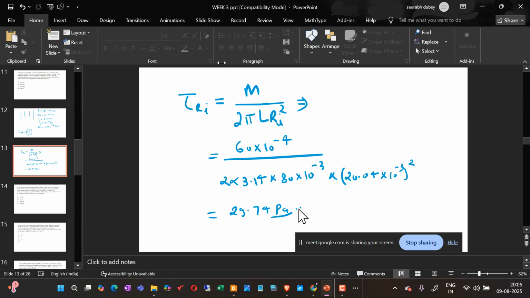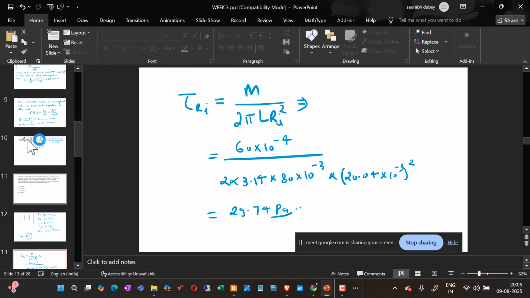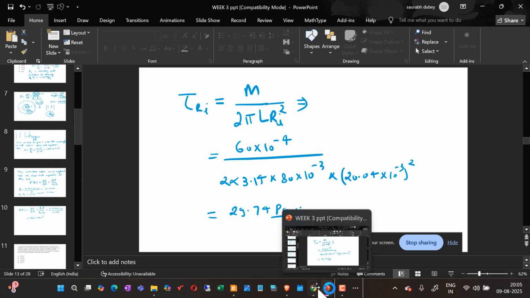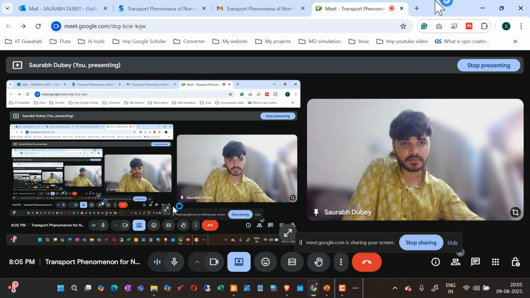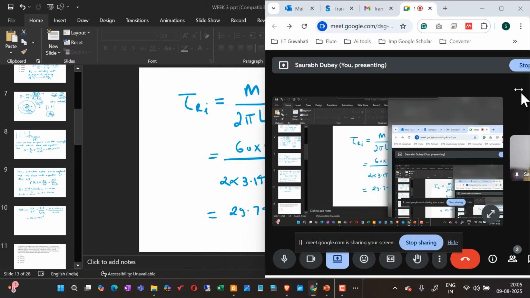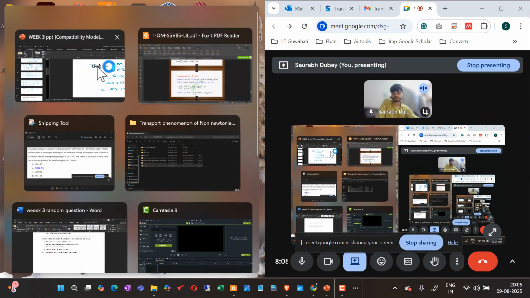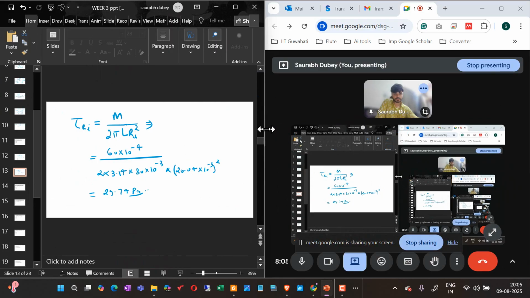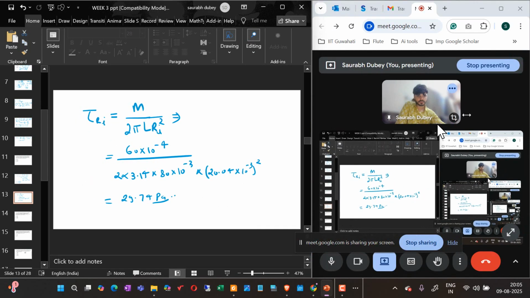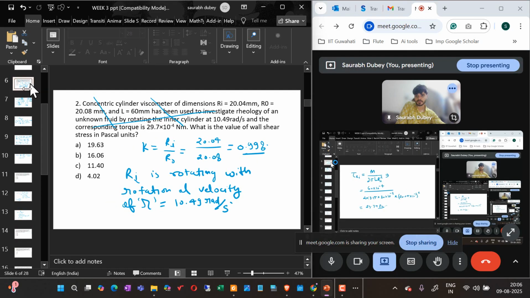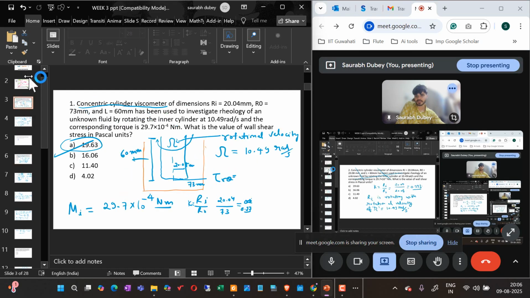So in the first question, if you see, you had 19.63, because the gap was high.